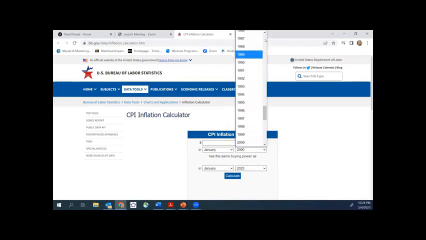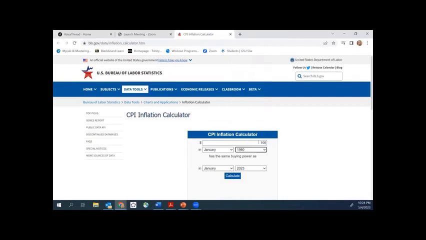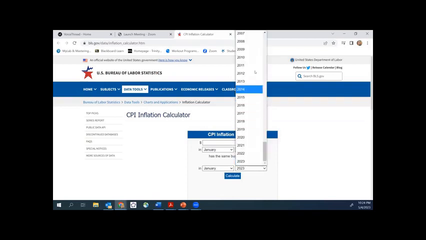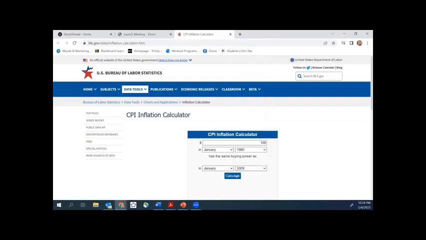I'm going to scroll and find 1980 here. $100 in 1980 has the same buying power as how much in January 2009? I'm going to click calculate, and it is saying that if I had $100 in 1980, I would need to have $271.39 today.